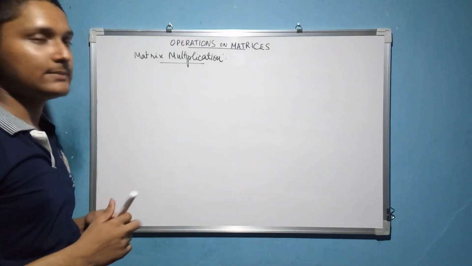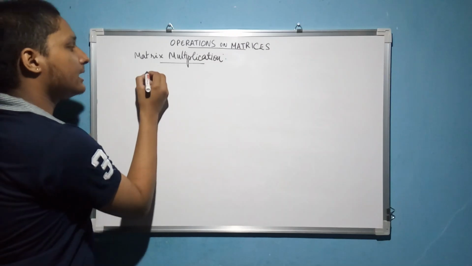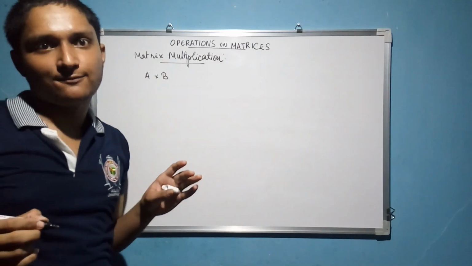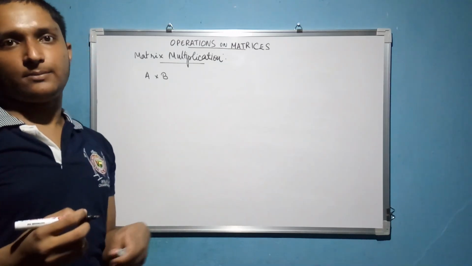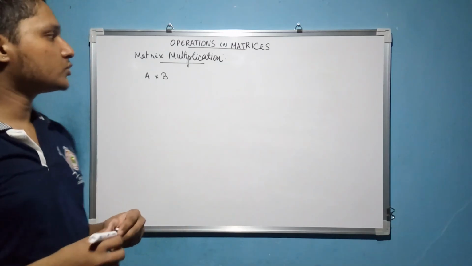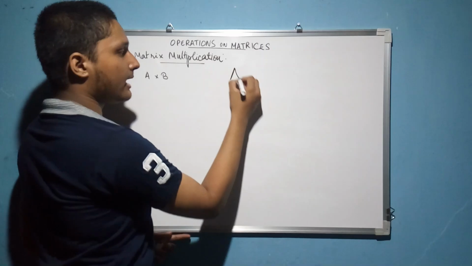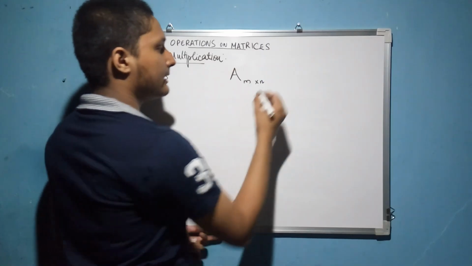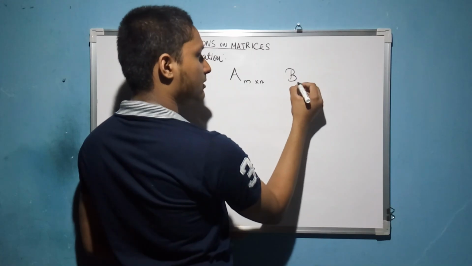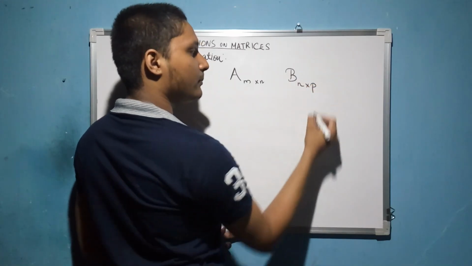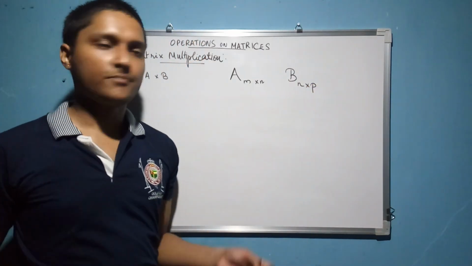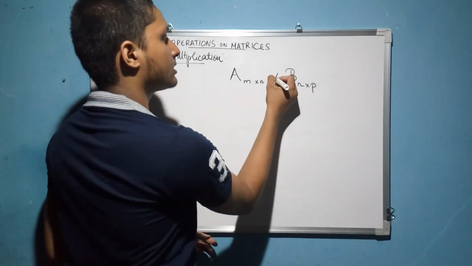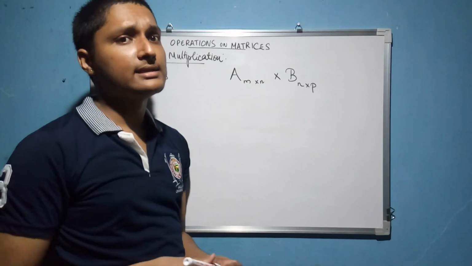So see properly. If you have A into B, what is the condition for which A can be multiplied by B? If A has an order of m by n and B has an order of n by p, only then A can be multiplied by B. What do we find out in this?